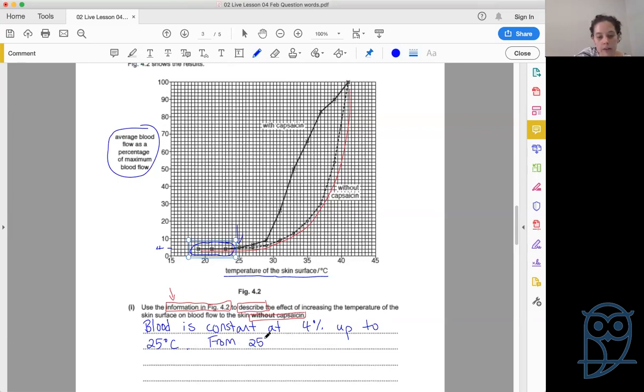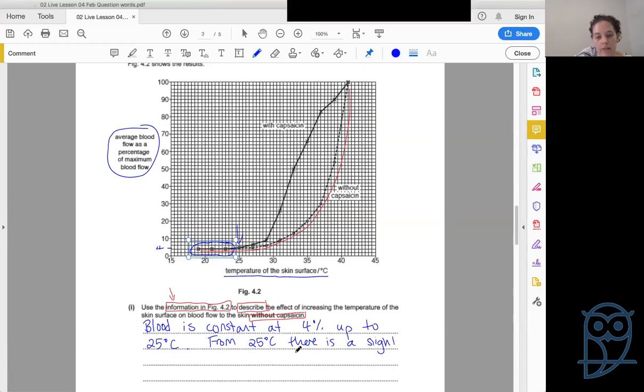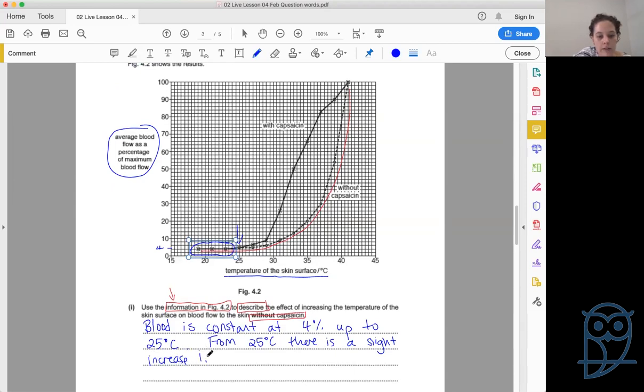From 25 degrees C, there is a slight increase in blood flow. Okay, so that slight increase goes, we could say maybe to about here somewhere, and then it starts getting steeper. Okay, so a slight increase in blood flow.